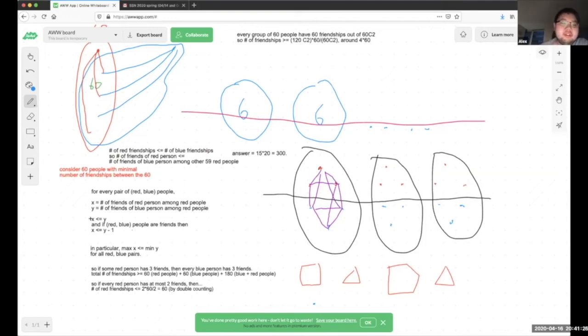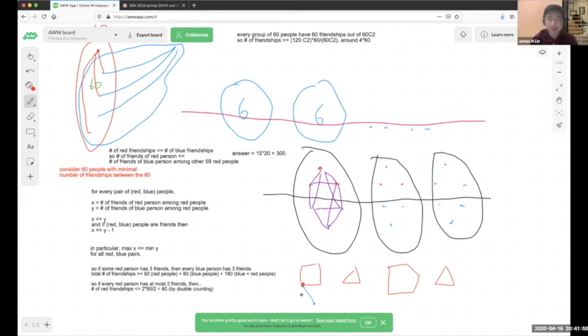X is equal to 2. So every blue person has at least 2 red friends. Let's just say this blue person has this red friend already. Now because they're all equal, the 2 becomes a 3. So now the blue person actually has 3 red friends as well. And then we can do this counting again because every blue person has 3 friends.